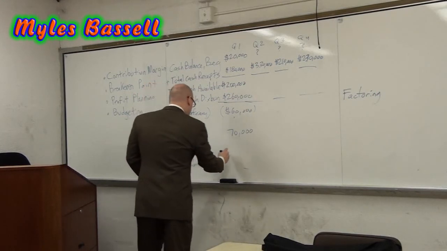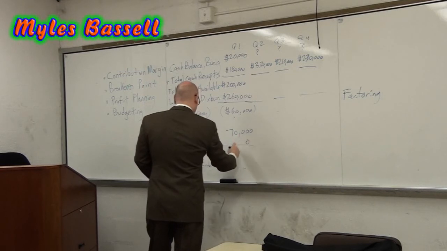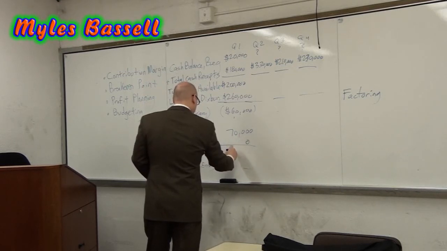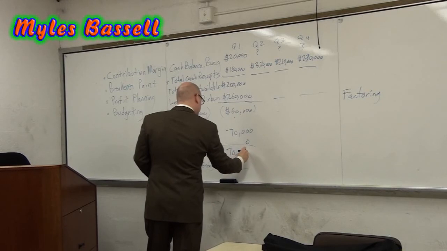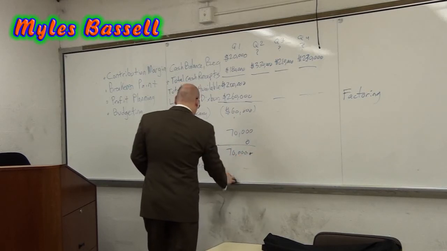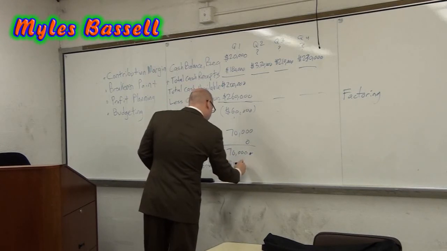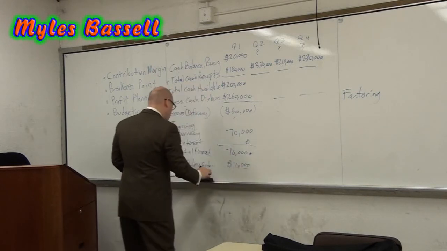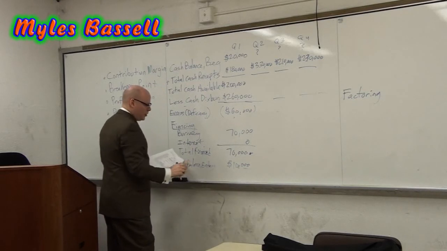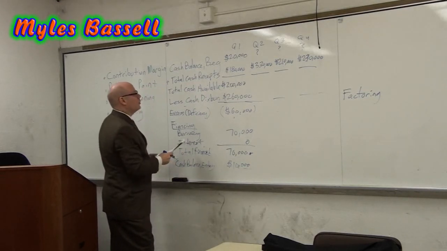So our total financing here is 70,000. And that means that our ending cash balance is $10,000. That's our target. Our minimum cash balance, it says, is $10,000. All right.